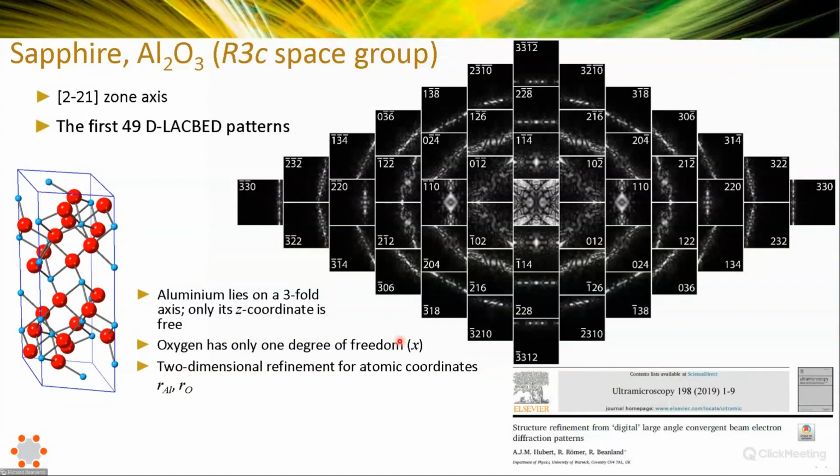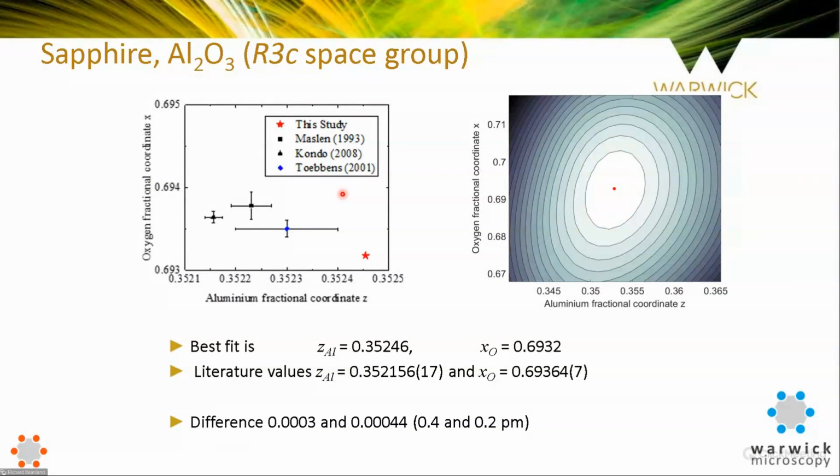Here's our digital LACBED data covering lots of different reflections, and again showing all these complicated changes of intensities. And if we refine those patterns against simulation by varying atomic coordinates, then we get a pretty good fit. Okay, so this is the best X-ray study that I can find for atomic coordinates of sapphire, and this is ours.